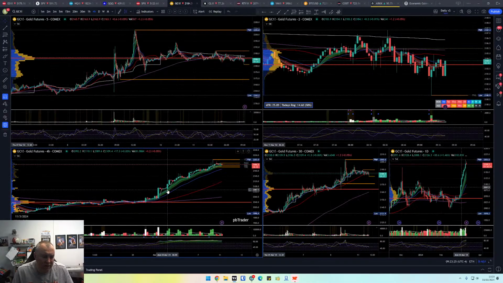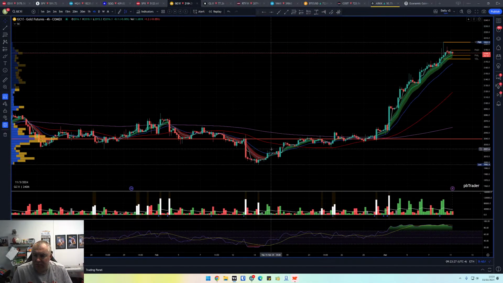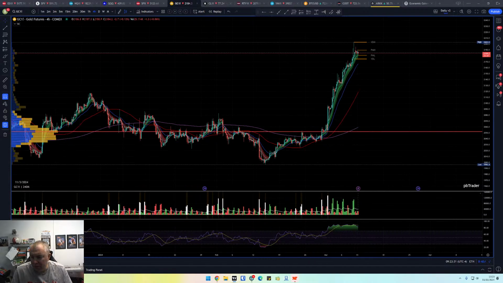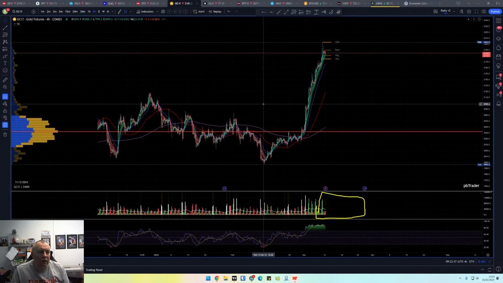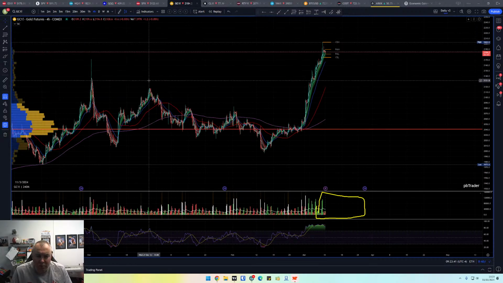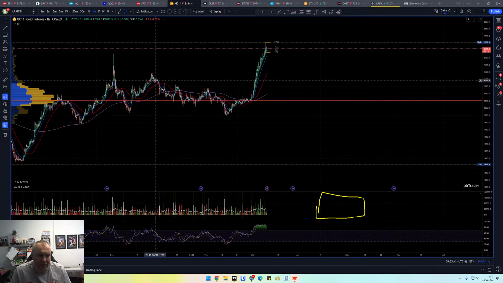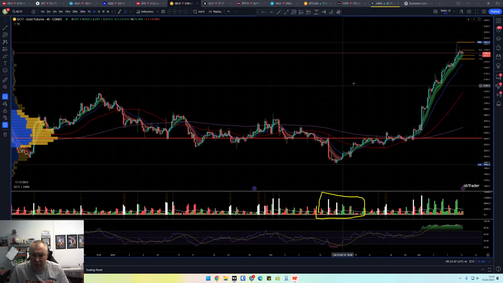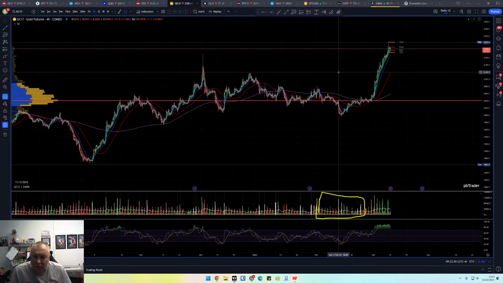Okay, gold next. Look at this volume coming in on gold on this push up, lots of volume. That's a 4-hour chart. So I think we need, if we can pull back down to this area, around there for potential bounce.